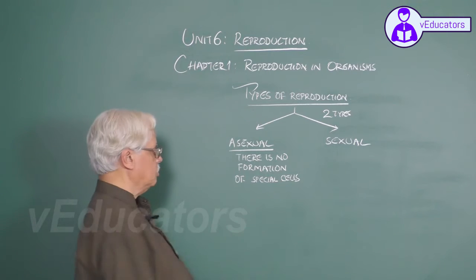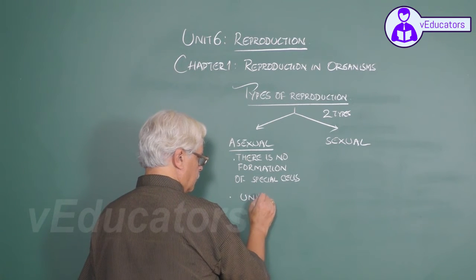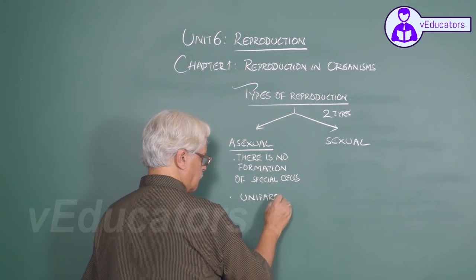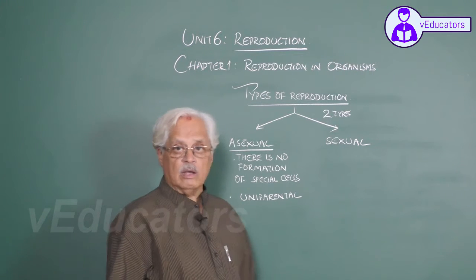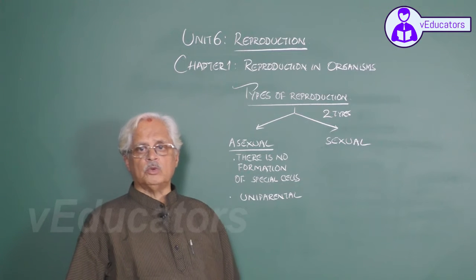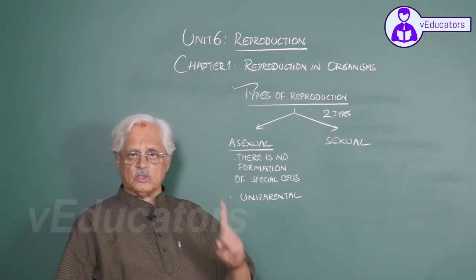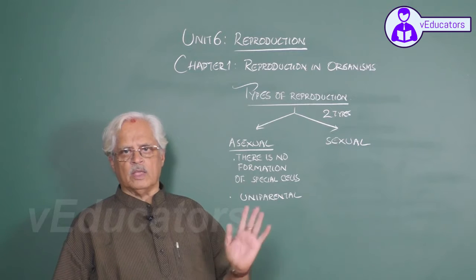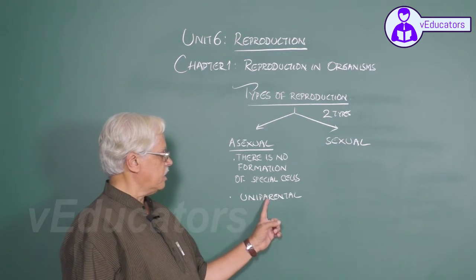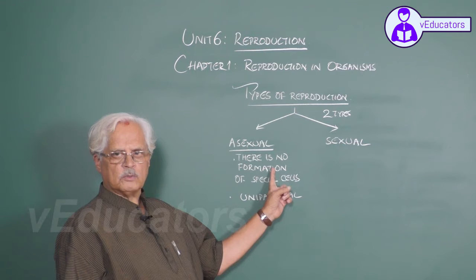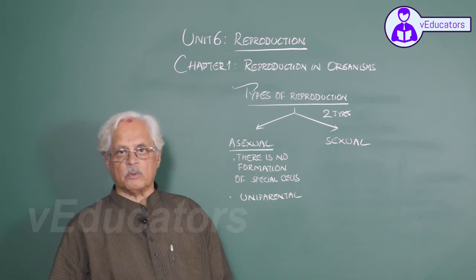And number two, it is uniparental. What is uniparental? Only one parent organism is sufficient for completing asexual reproduction. So it is uniparental and there are no special cells formed, then it is called asexual reproduction.